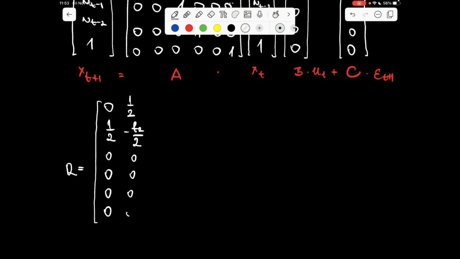1 over 2, minus f2 over 2, f1 over 2. Here we have zeros in 3 columns.